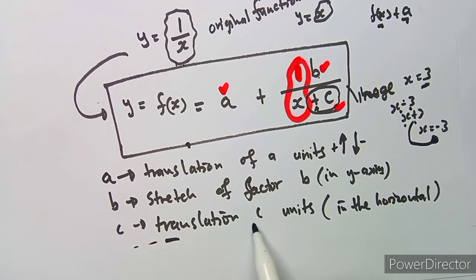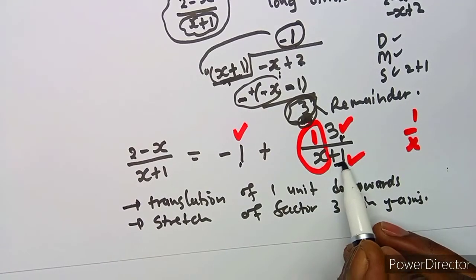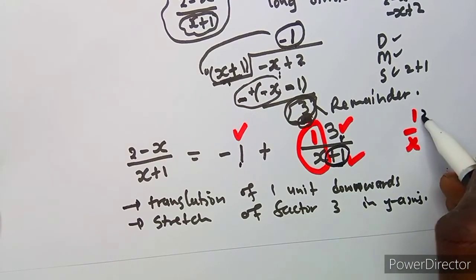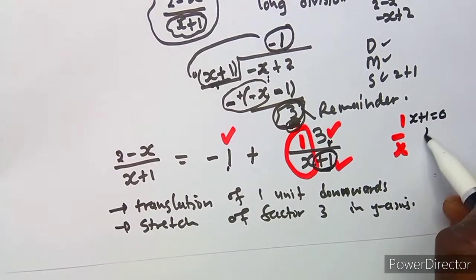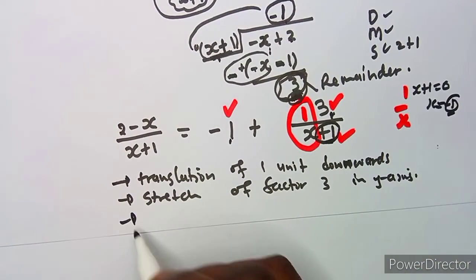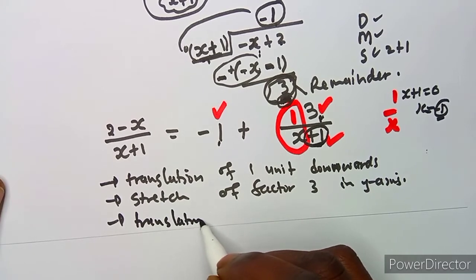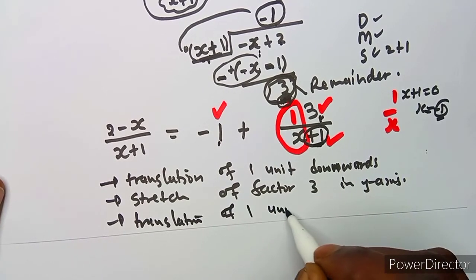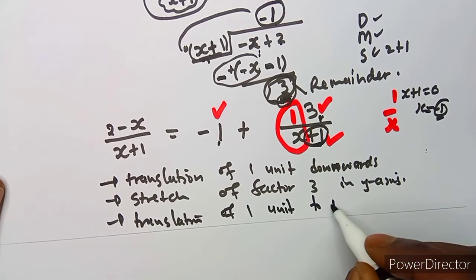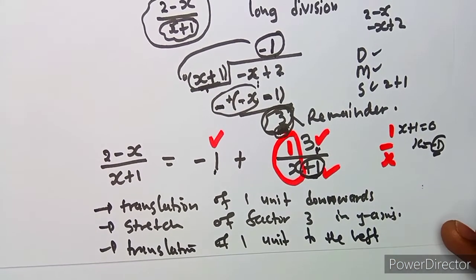So that's a translation of c units in the horizontal. So you equate x plus 1 to 0, just like we did previously. So x is -1. That's a translation of 1 unit to the left, or -1 unit parallel to the x-axis.